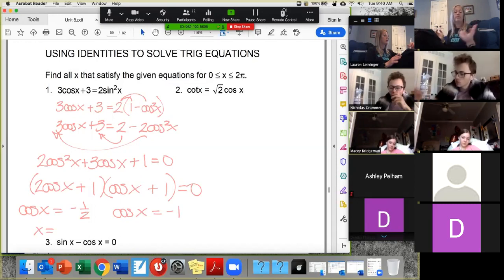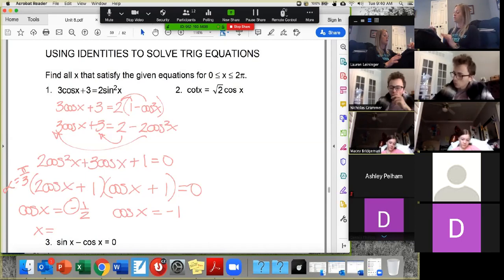For 1/2, my thought process is, if I look at the first quadrant, cosine is equal to 1/2 at what reference angle? Pi over 3. That is not going to be one of my answers only because this is negative. Because that's negative, I know I'm going to get 2 answers, one in quadrant 2, one in quadrant 3 at the pi over 3s.